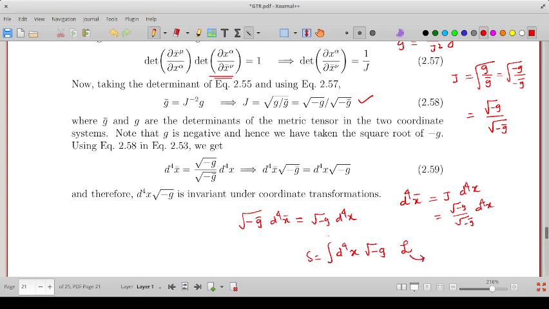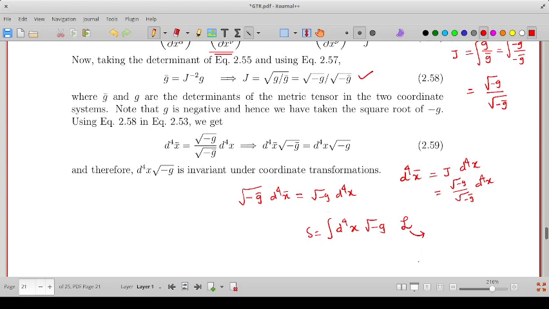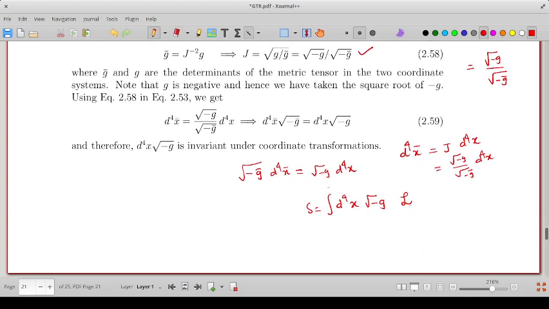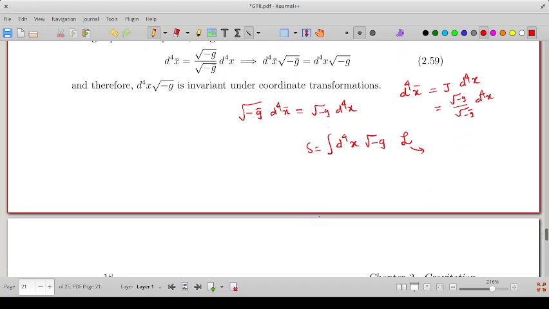Now if I take the Lagrangian density to be a scalar quantity as well, this will be invariant under coordinate transformations, and as we have seen just now, this will also be invariant under coordinate transformation. So that action will be a scalar quantity which will not change under coordinate transformations.